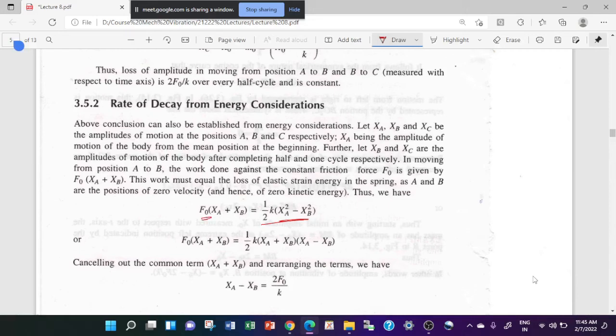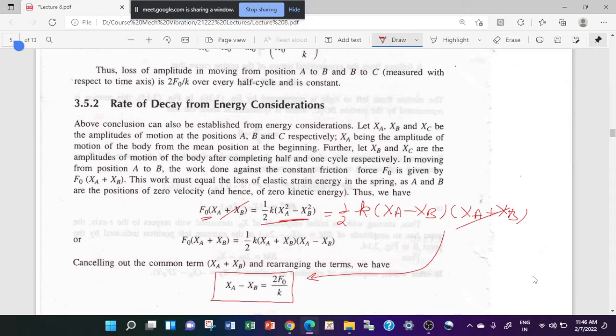So when you solve this equation, it becomes half k xa minus xb into xa plus xb. This cancels out here, and you are getting xa minus xb, which is the same value you are getting by that long mathematical manipulation. So you can say from A to B, you have this much decay in the amplitude of the vibration.